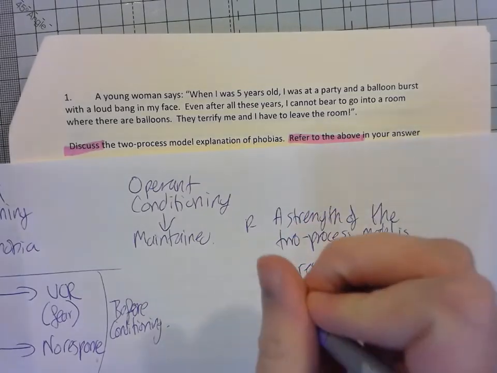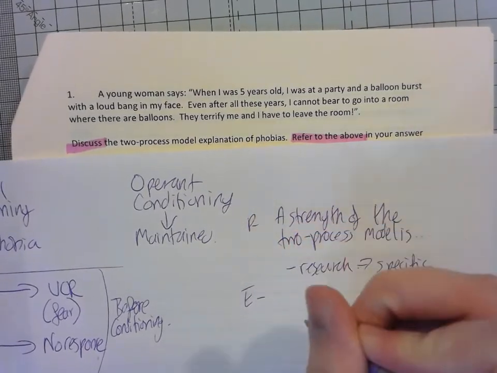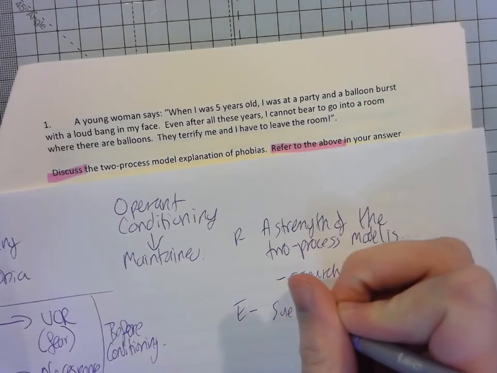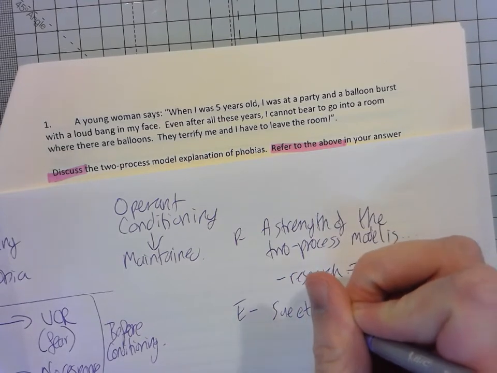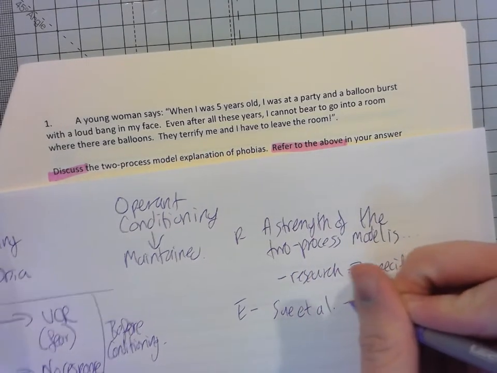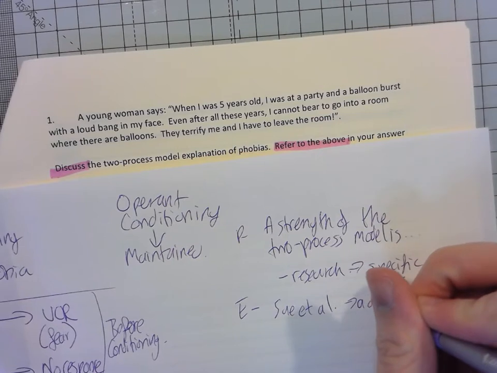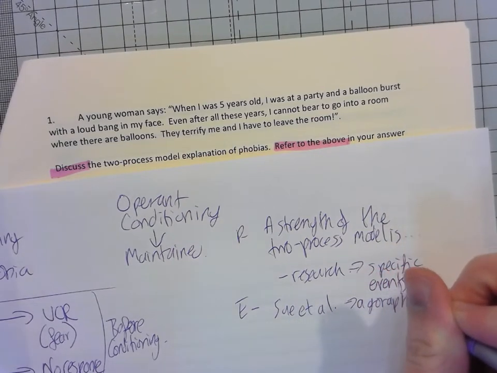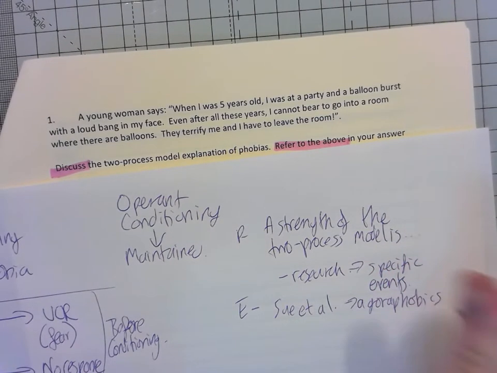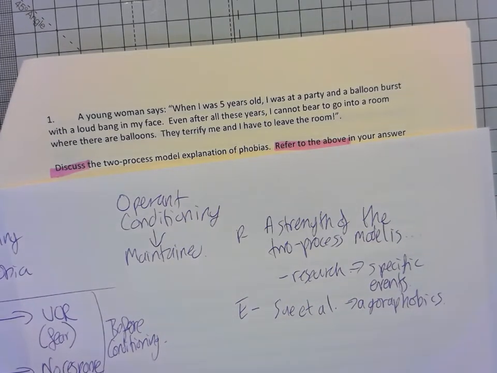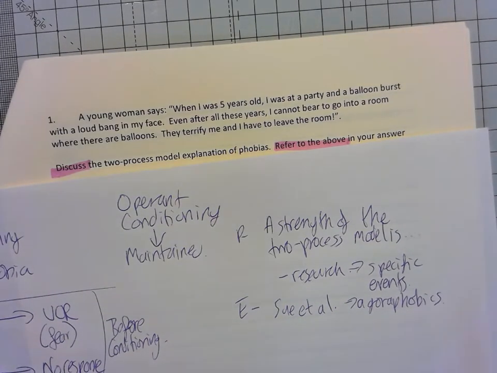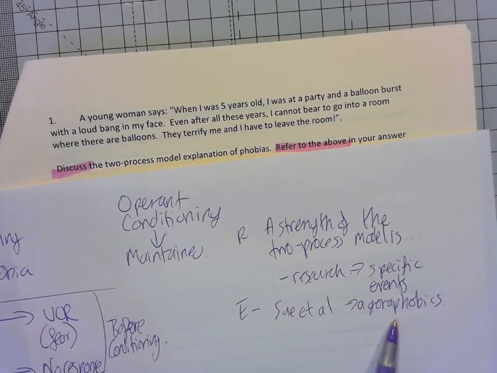Here is my explanation. So my explanation is Su et al. Remember, you can say a psychologist or psychologists found agoraphobics, you can explain it, they've had a specific event.